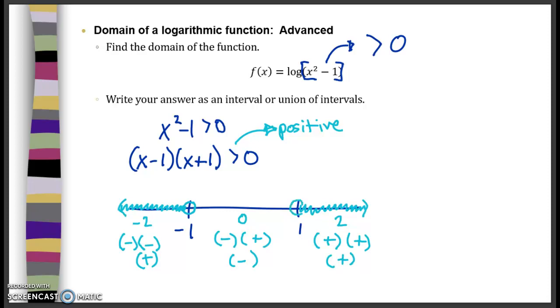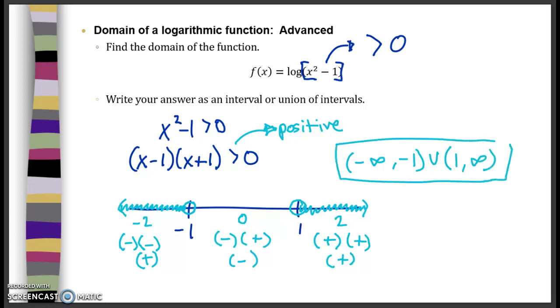And I don't want to include 1 because I will get 0. So what are my intervals that are going to make this argument greater than 0? Well, I'm going to go from negative infinity to negative 1, and then from 1 to infinity. Because anything else is going to give me a negative inside my argument or 0 inside my argument, which I can't have.